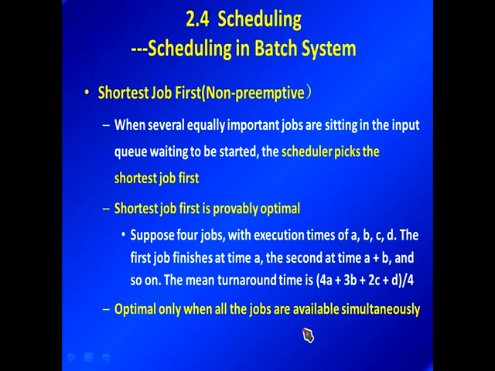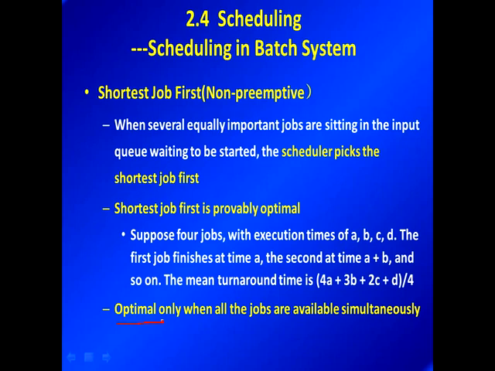But you have to notice that SJF is the optimal algorithm for batch systems only when all the jobs are available simultaneously. That means all the jobs arrive at the system at almost the same time.